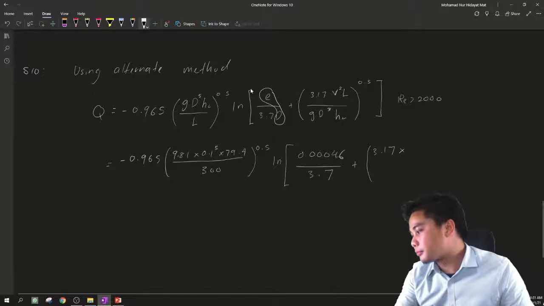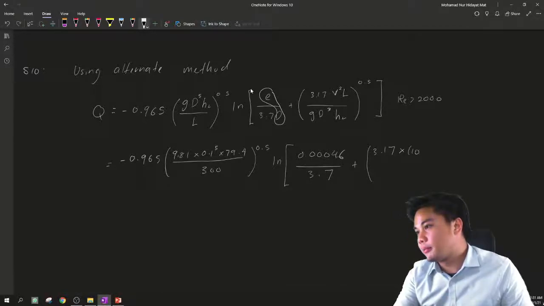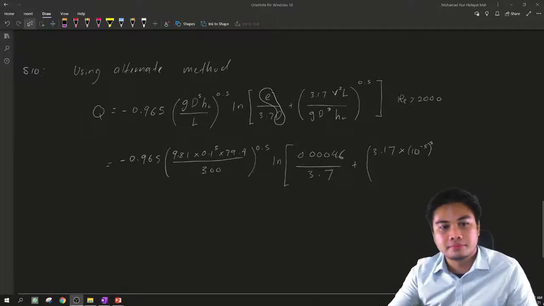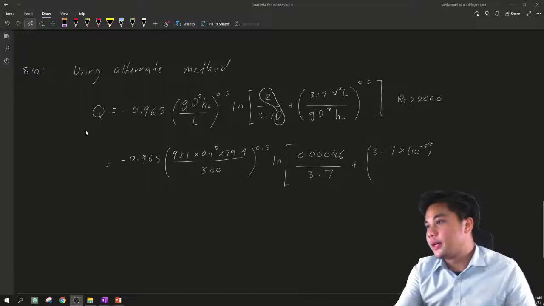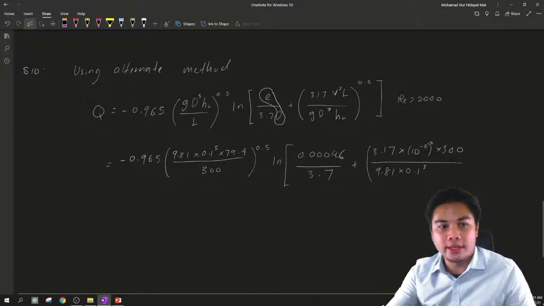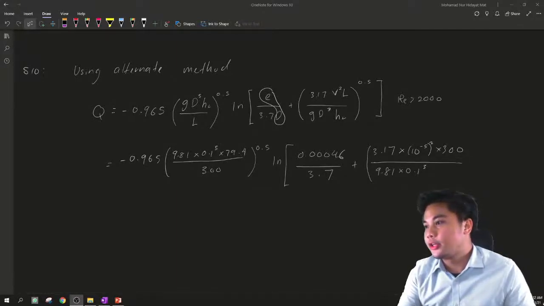Let's square it, this is a power of 2. And then multiply by the total length, which is 300, over gravity 9.81, diameter 0.1 cubed, multiplied by hL, which is 79.4, to the power of 0.5, close bracket.